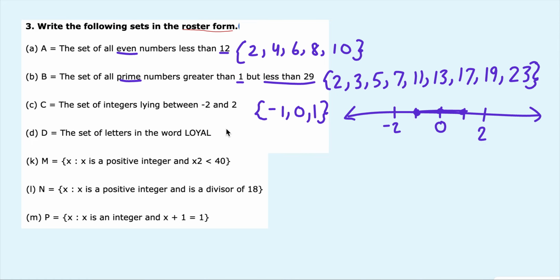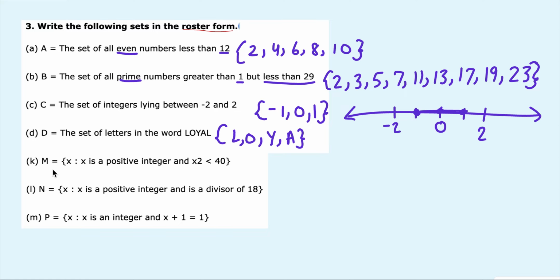So we would put L, O, Y, and A, separated by commas. We exclude the second L because it's already contained in the set when we wrote the first L, because we remember that there's no repetition.